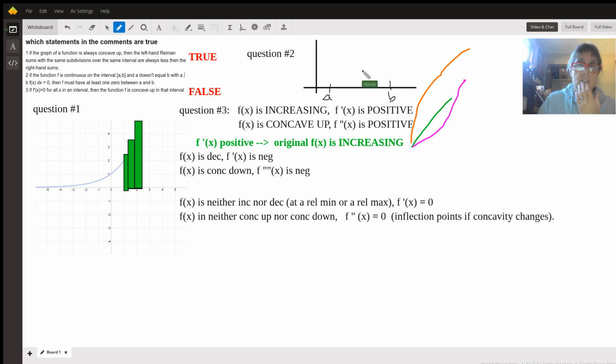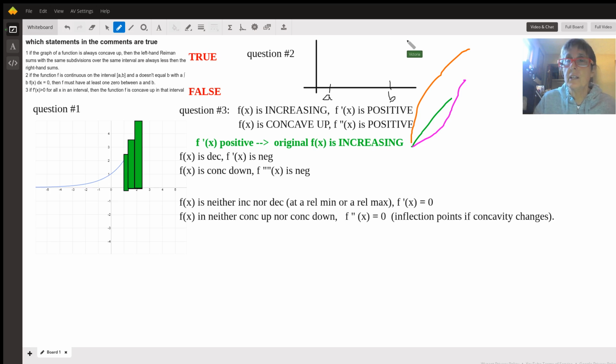Now, here's what it says. So f of x is continuous on this interval. It includes these points. A doesn't equal b.